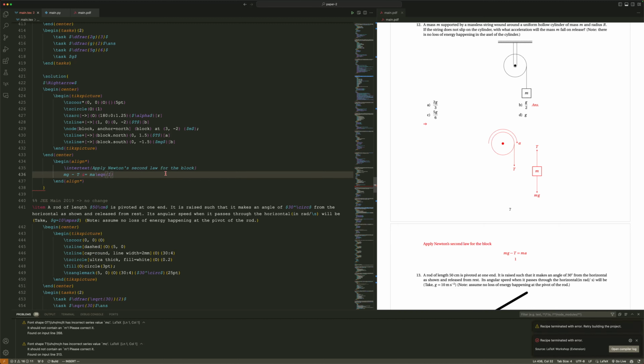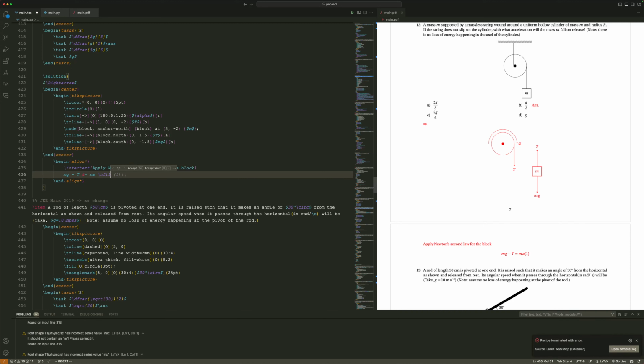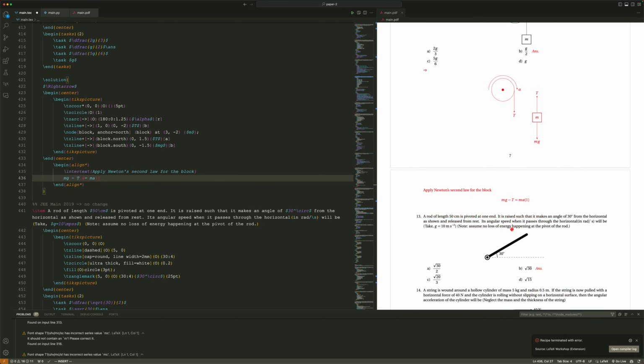No, still it's not working. Let's see what I can do. I wanted to number this equation 1, 2, 3. I know I can use the unstarred version of align. This will number the equation, but I don't want each and every step to be numbered 1, 2, 3, 4 like that. So for right now we will deal without equation numbers.